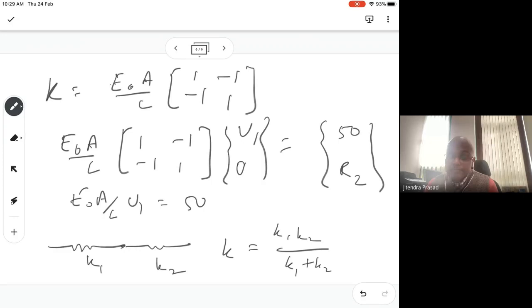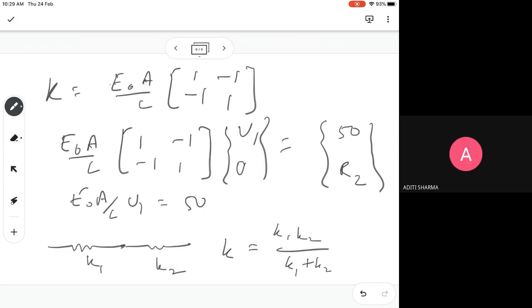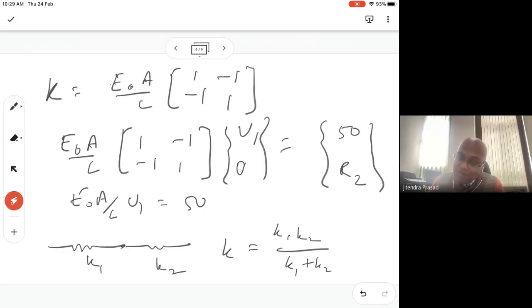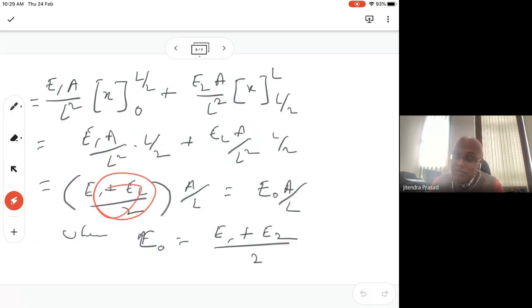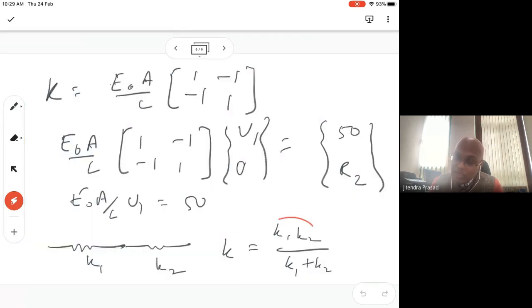You agree? Yes, sir. So that means the average that he has calculated is wrong in this case, right? It just takes the average of the two, but the actual solution is different. So that's why it asks you to compare.